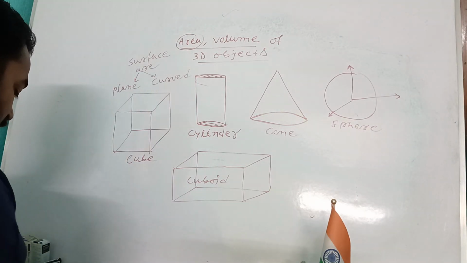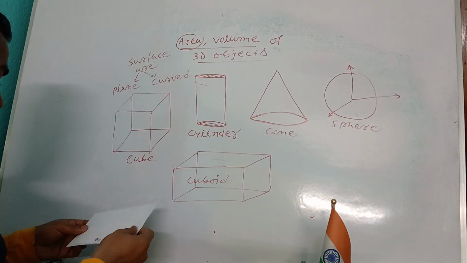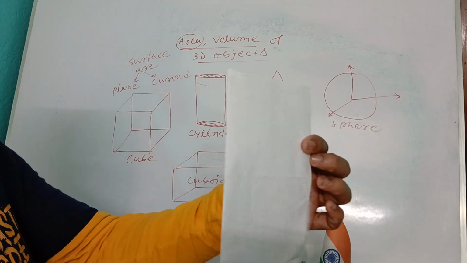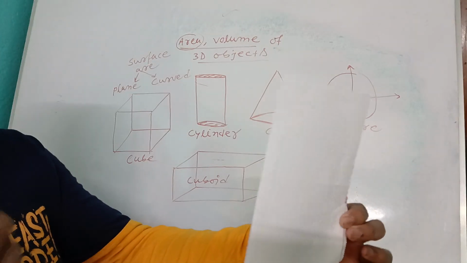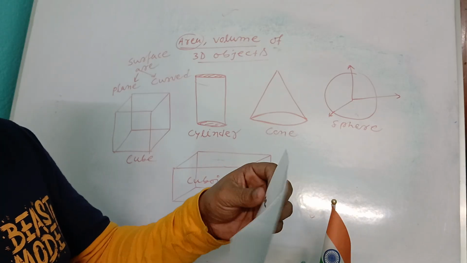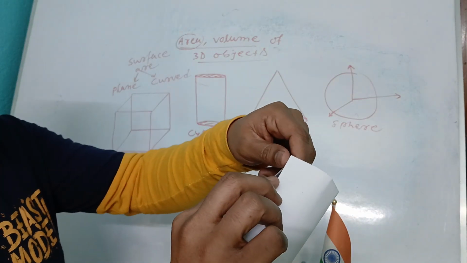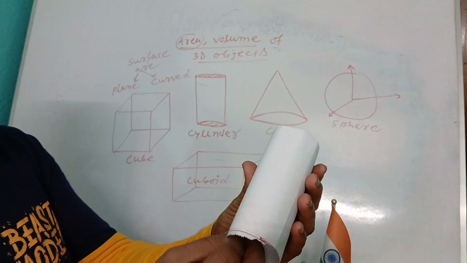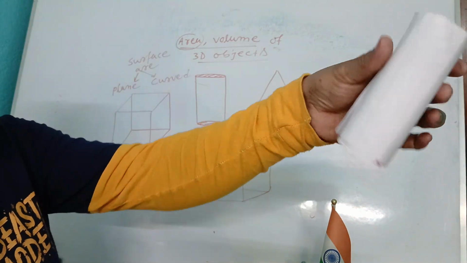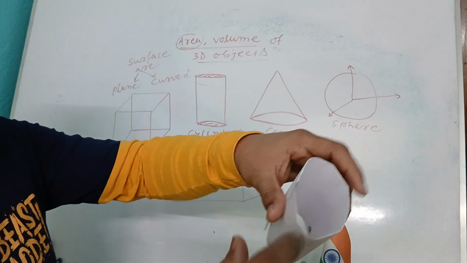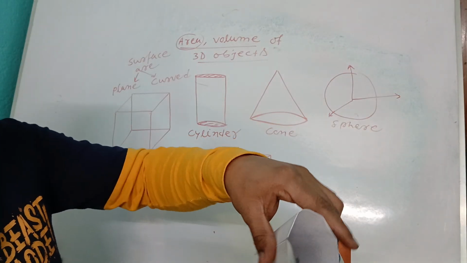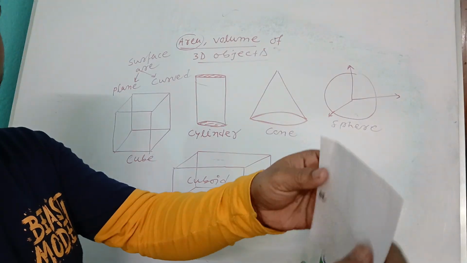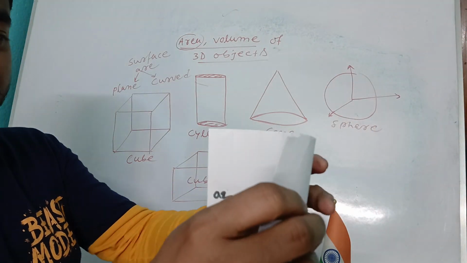As I am showing something, just you tell me. I have this paper, a rectangular piece of paper. If I fold it like this, you can see this rectangular object converts into a cylindrical object. Try to understand slowly.